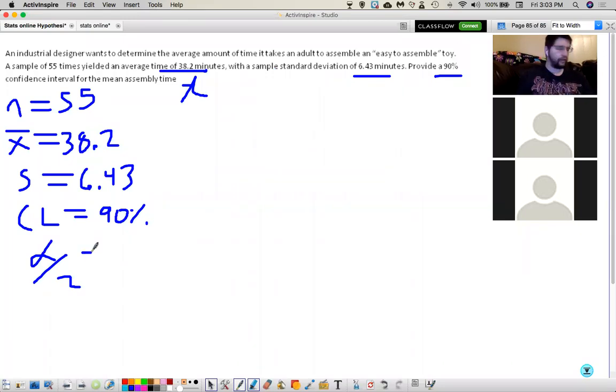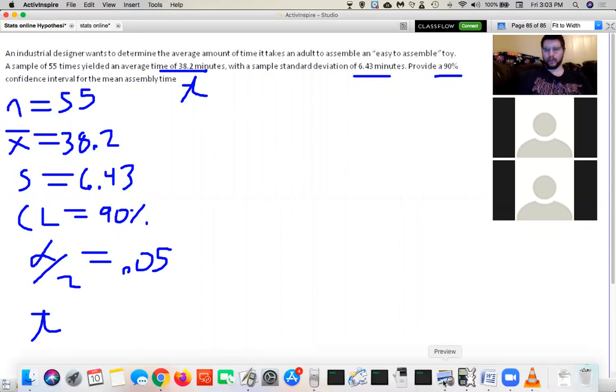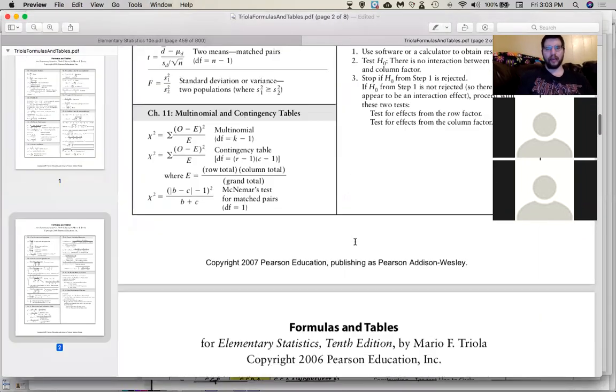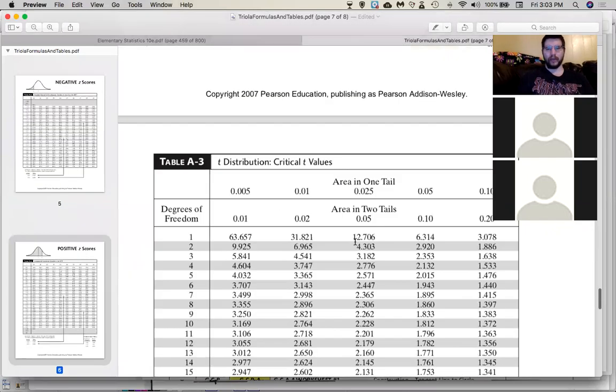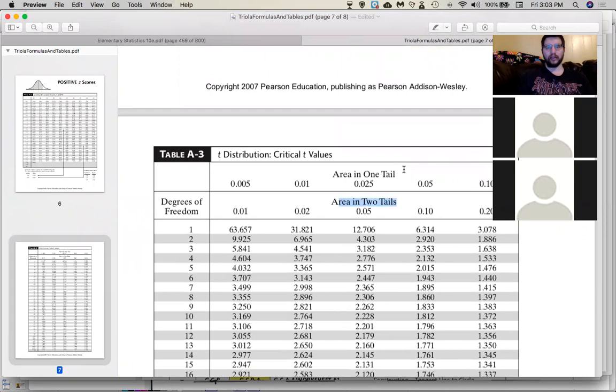Anyway, alpha over 2 would be 0.05. So T, if we look at the chart for T's, it's slightly different than the chart for Z's. It gives you the area in 2 tails or the area in 1 tail. So you have a choice here.